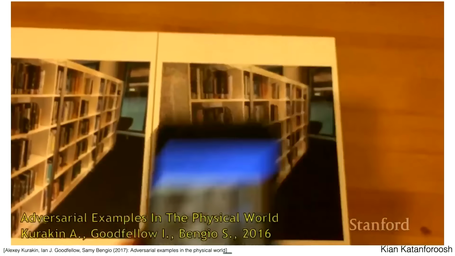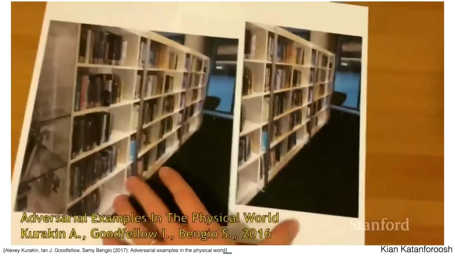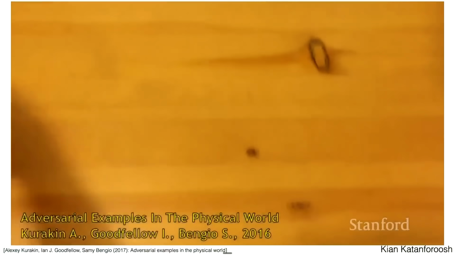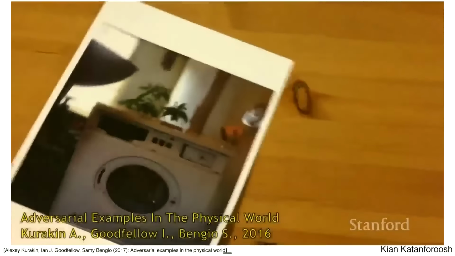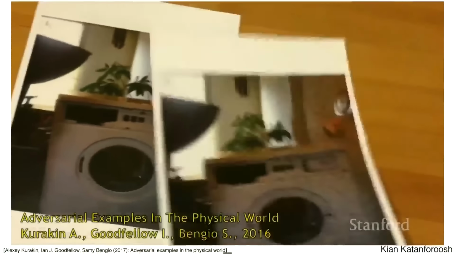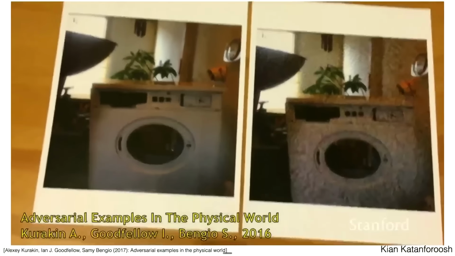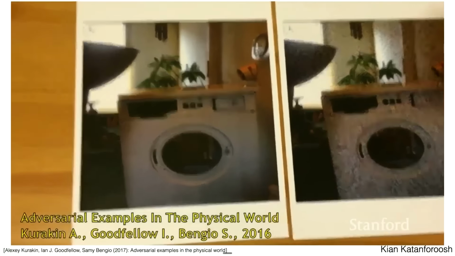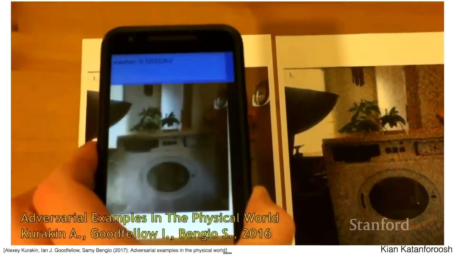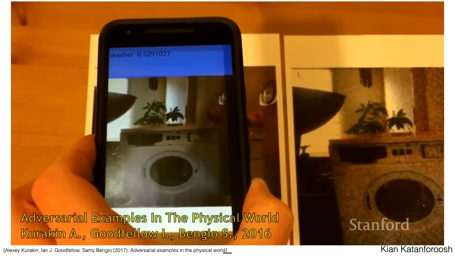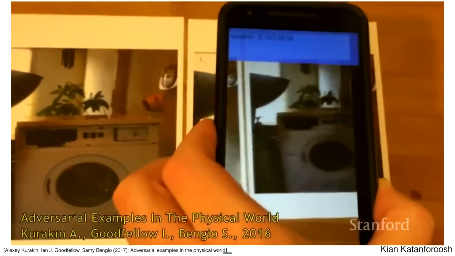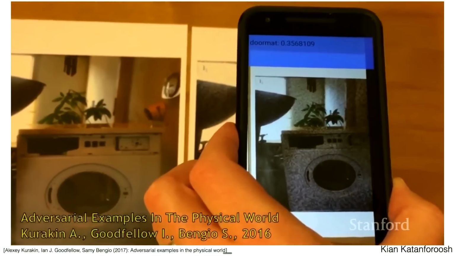And we know that libraries are not prisons. Here's another example with the washing machine. Again, this is a real device with a computer vision model running on it. The prediction is a washer here. And then if you move it to the other picture, it is a doormat.